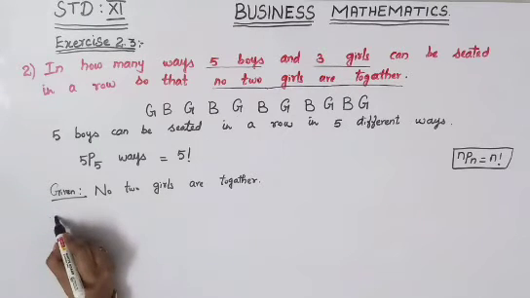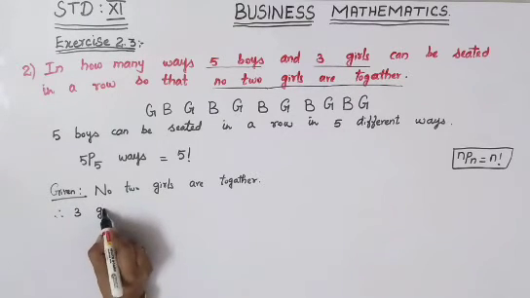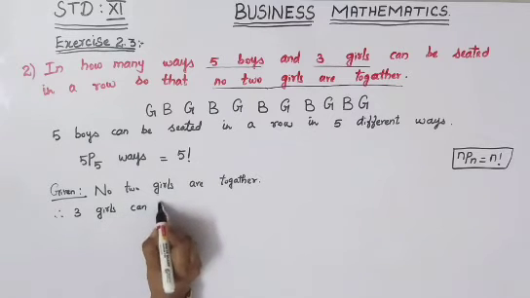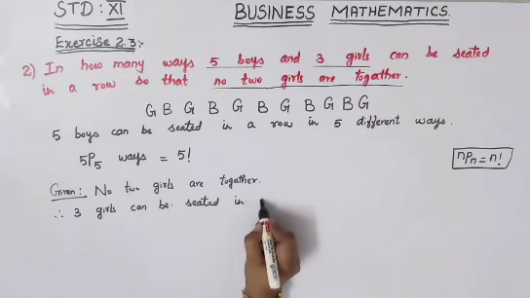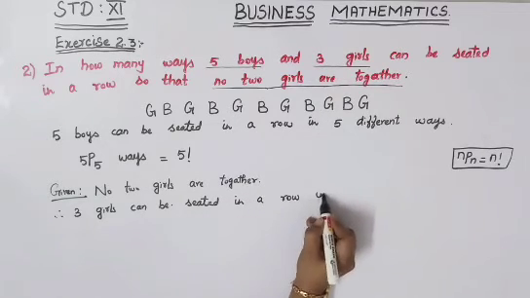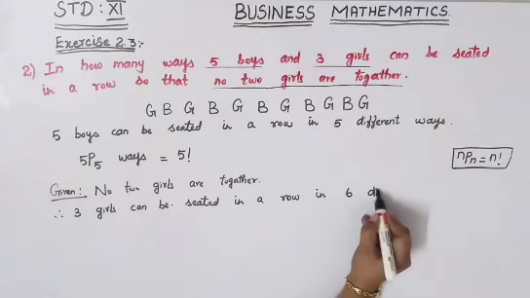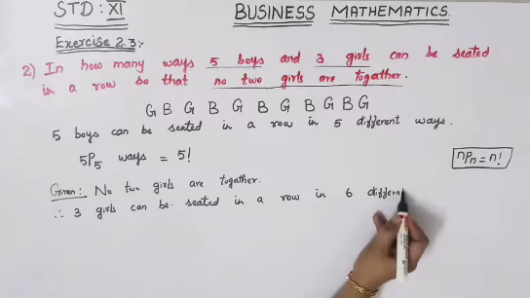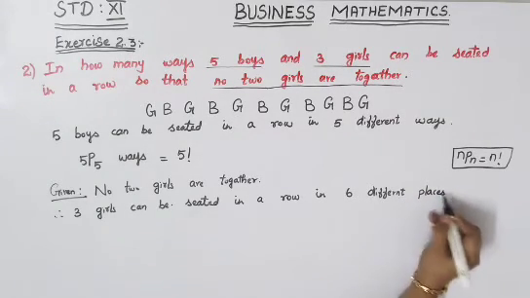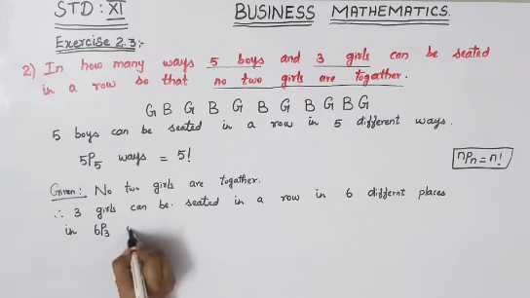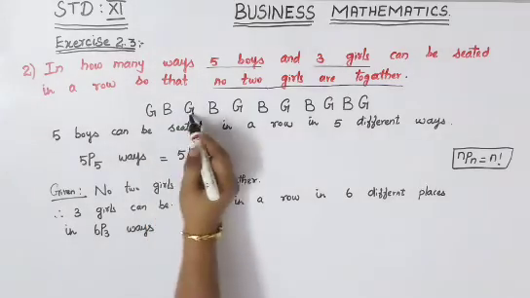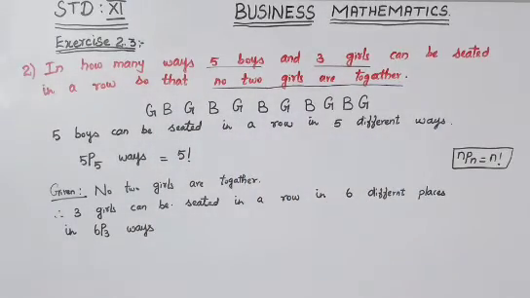So therefore 3 girls can be seated in a row in 6 different places in 6P3 ways, because 6 places are there but we have got only 3 girls. So the places are n, so 6 places, and 3 girls, 6P3 ways.